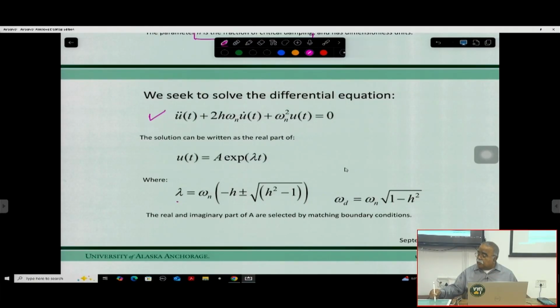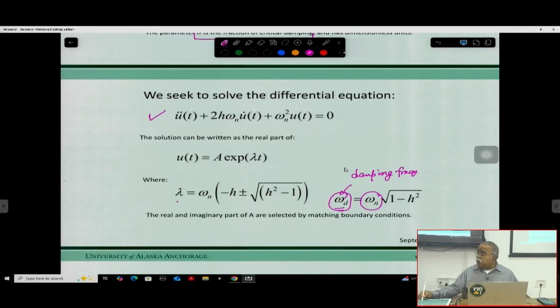And this equation, if you solve the differential equation, and everybody knows that, has a solution of this form, right? The term with square root of 1 minus h squared, we call the damping frequency, omega D. Please understand that there is a natural frequency of the structure, and then there is a damping frequency of the structure.